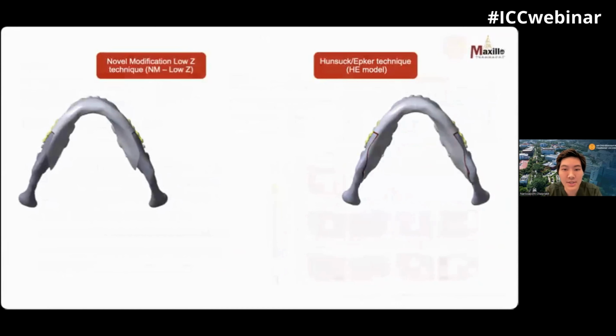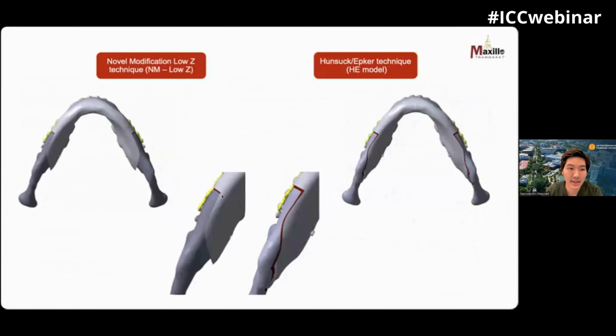The explanation for the lower fixation stress and bone stress in NM-LowZ is that the design of the osteotomy line can create an inferior support like this that helps to reduce the stress distribution in the NM-LowZ technique.